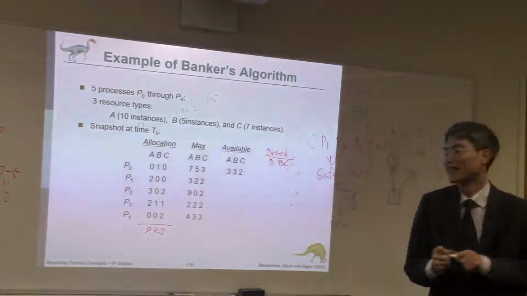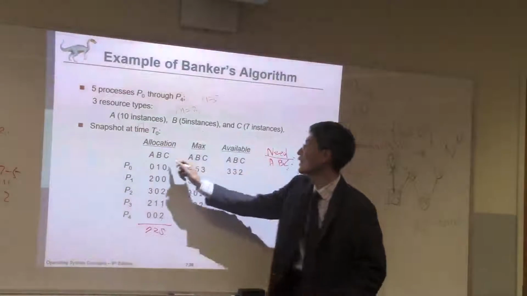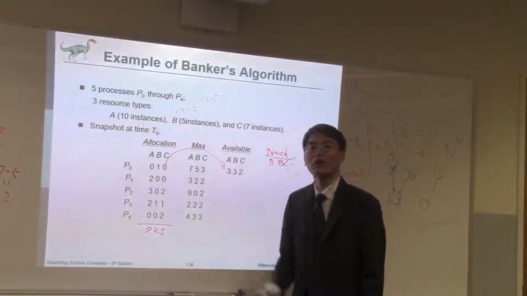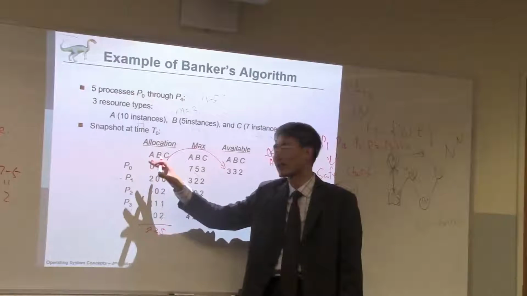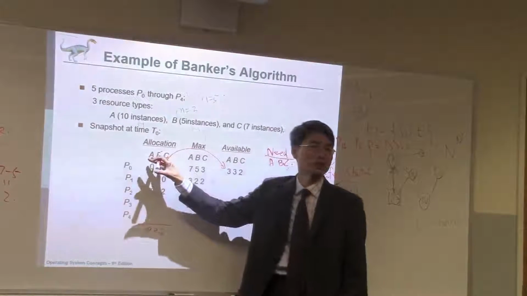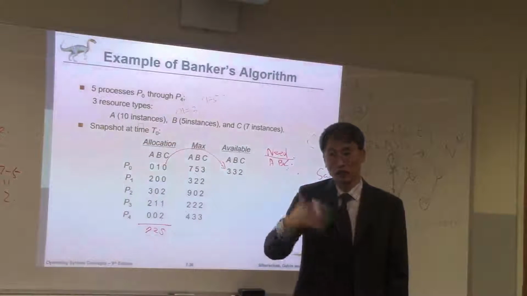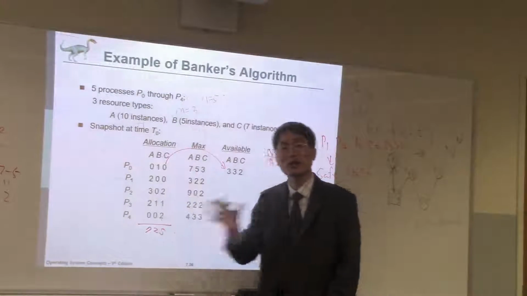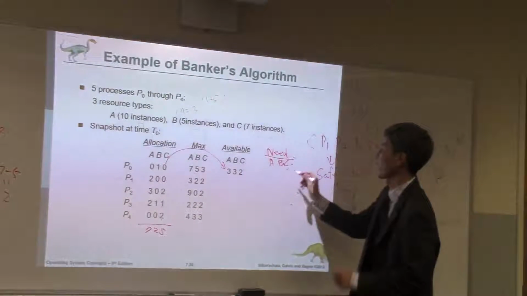So his question is, actually I added the need to the available, but we need to add the allocation to the available, right? Because this is the resource held by the process. Once the process is terminated, it releases this one. Yes, it's a mistake. So let's do it again.